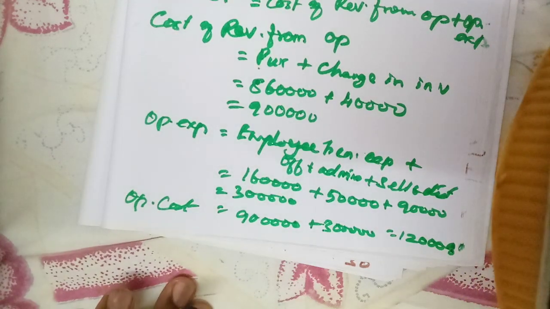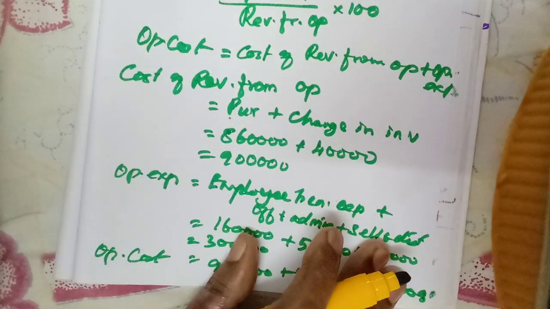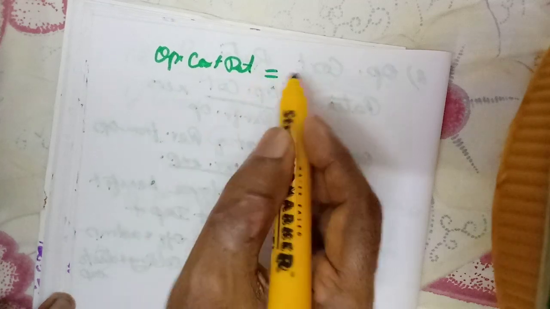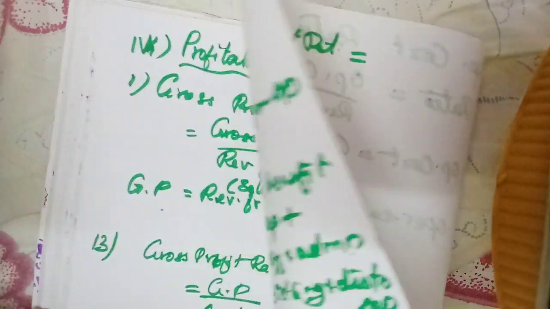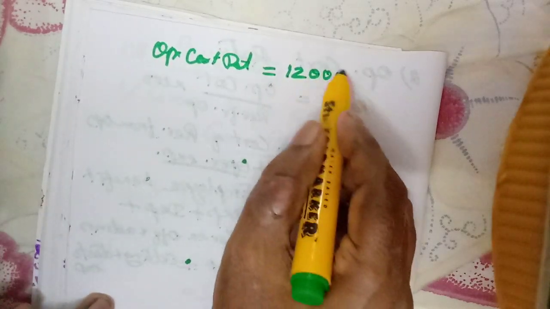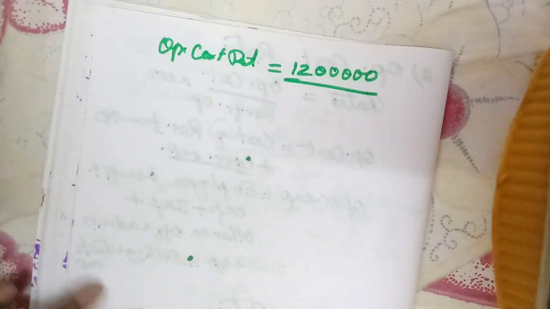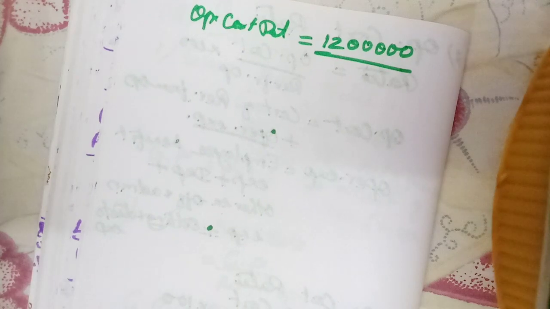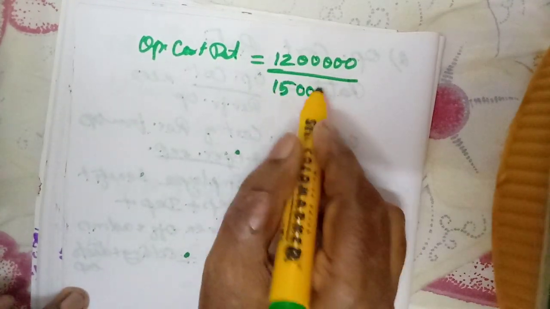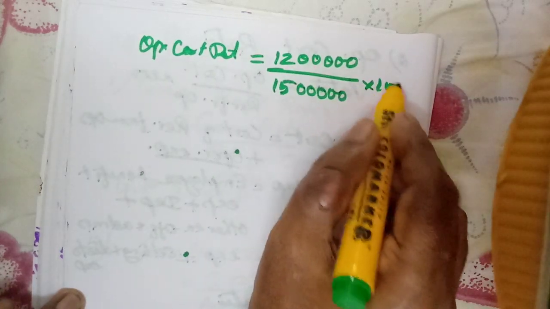Okay, 12 lakh. So now we need to calculate operating cost ratio. Operating cost ratio is equal to, what is the operating cost? 12 lakh divided by revenue from operation. Revenue from operation 15 lakh into 100.